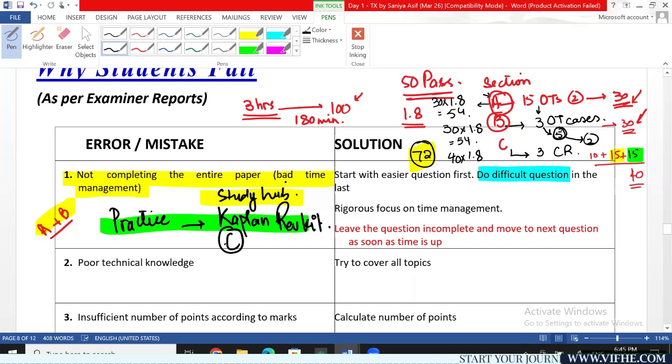And there is one more thing which you need to learn. You will have to start with the easier questions first. So, for instance, if I start with section A, let's suppose section A, question number one seems to be difficult. Just leave that. Don't waste much time on it. Then you come to question number two. You find it difficult, leave that. Then come to question number three. You find it easy, solve it. So, this is how you will have to get done with as many easy questions as possible first.